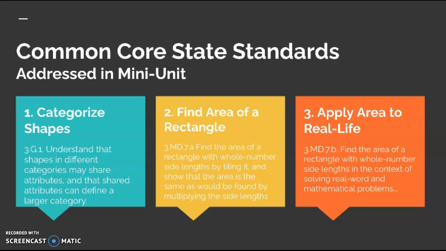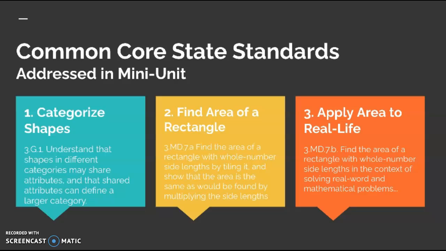The first standard is in geometry for grade 3, understanding that shapes in different categories may share attributes and that shared attributes can define a larger category. Because I'm going to be teaching on area of rectangles, I found that it was important to make sure the students know the difference between various geometric shapes. So I wanted to start there as background.